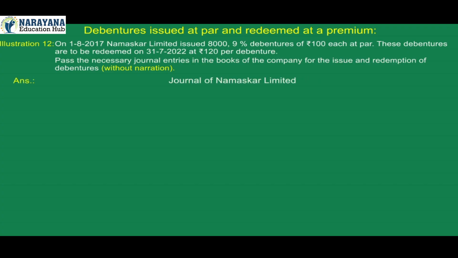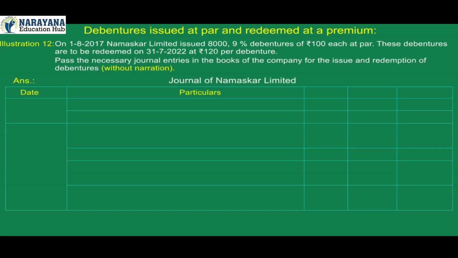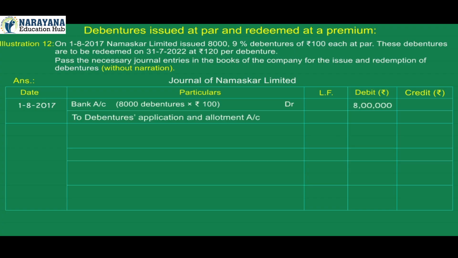Answer. Journal of Namaskar Limited. Date, particulars, ledger folio number, debit, credit. 1st August 2017. Bank account debit 8 lakh, 8,000 debentures into ₹100, to debenture application and allotment account credit 8 lakh. 1st August 2017.